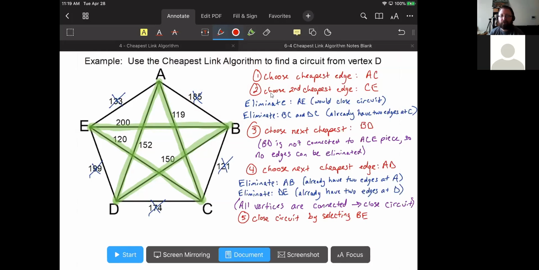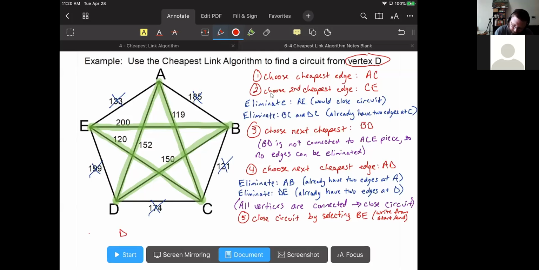Our circuit needs to be written so that it starts according to the directions at vertex D. Okay? So this is where we care about the start. Because when we write our answer, we're going to write it starting at vertex D. And it doesn't matter which direction we go, we're just going to follow that highlight.